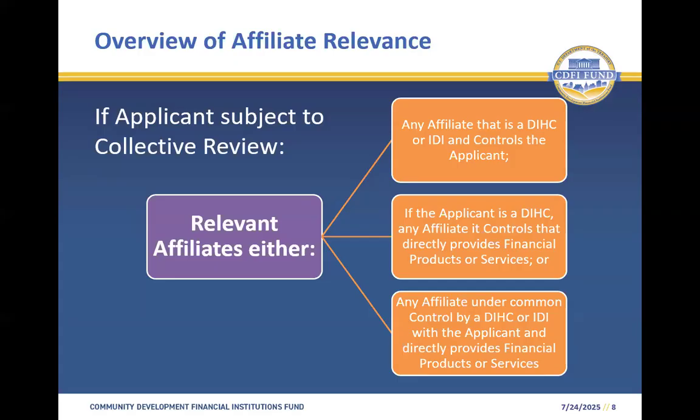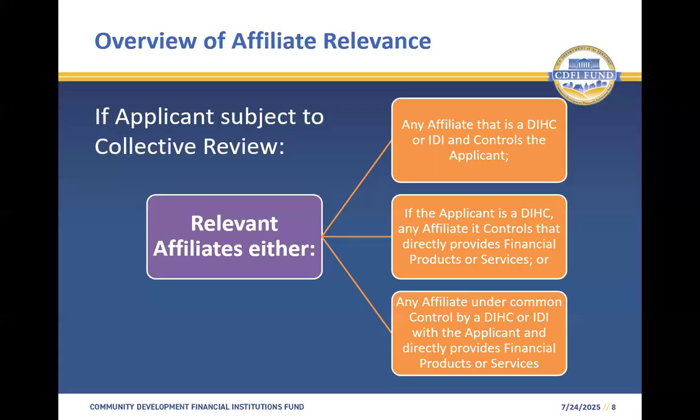So just to reiterate, the affiliates that are relevant for the collective review are any affiliate that is either a DIHC or an IDI that controls the applicant. If the applicant itself is a DIHC or a holding company, any affiliate that it controls that provides financing activity.